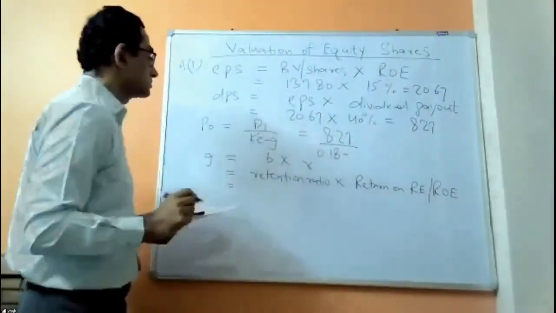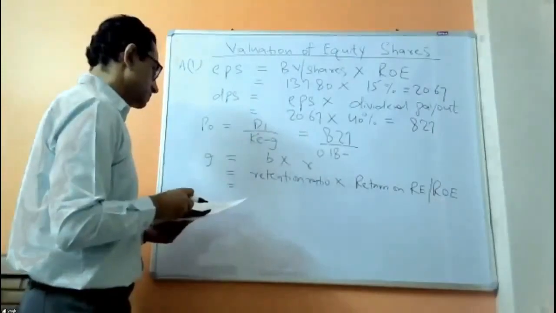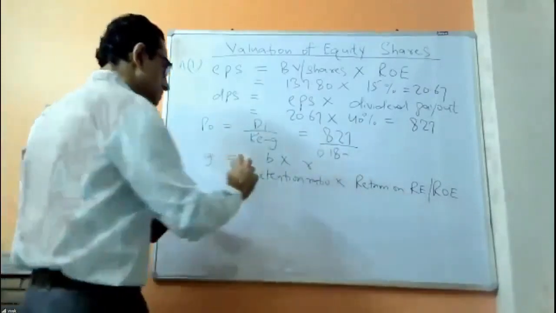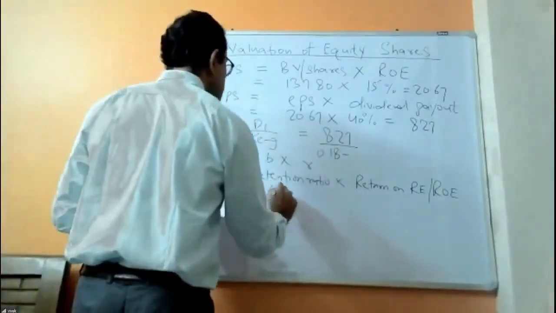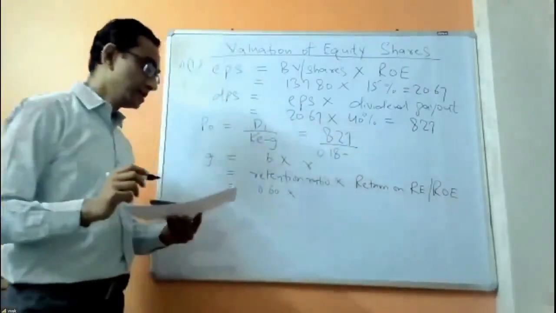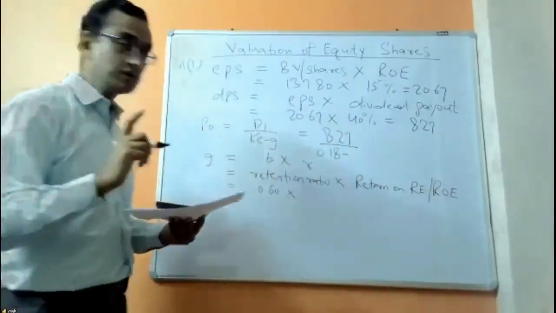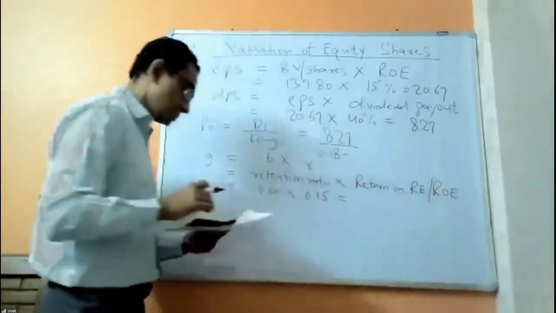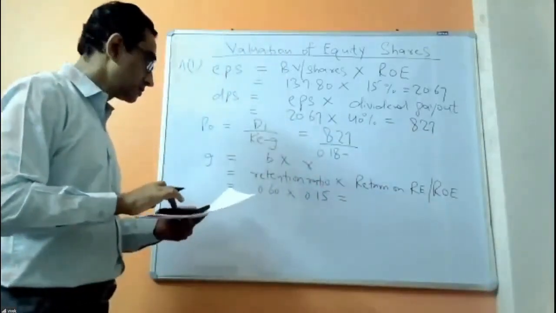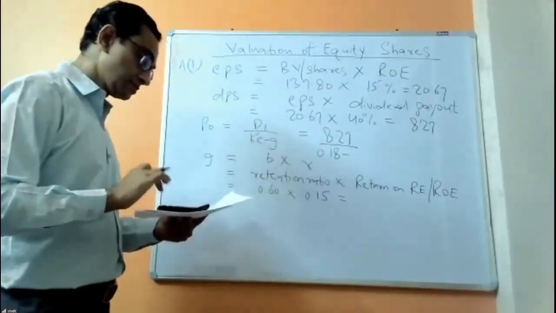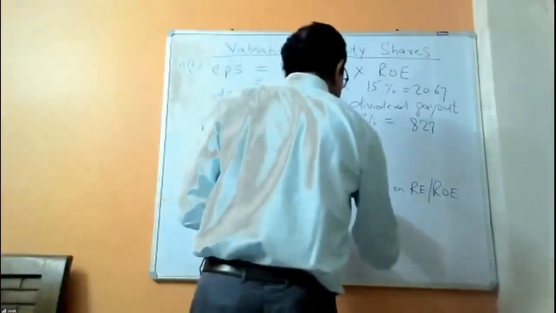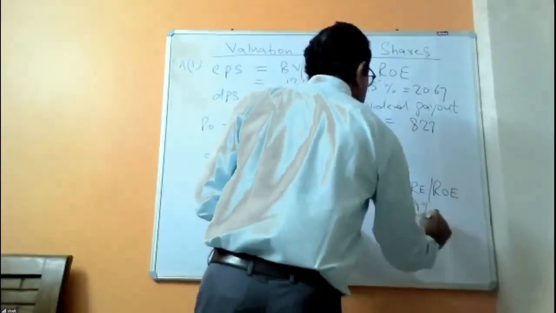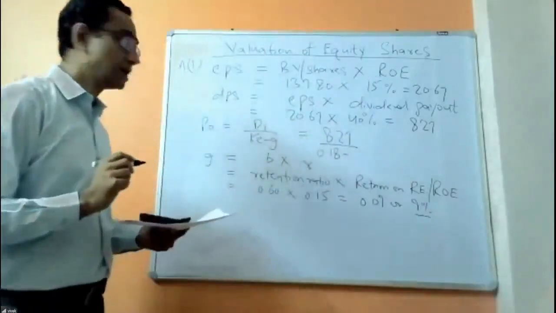Now let us calculate the growth rate. B, that is the retention ratio, is given in the question. That is 60%, 0.6, multiplied by R, the return on equity, which is also given in the question. It is 15%. So let us calculate it. This is 0.09 or 9%. The growth rate is 9%.